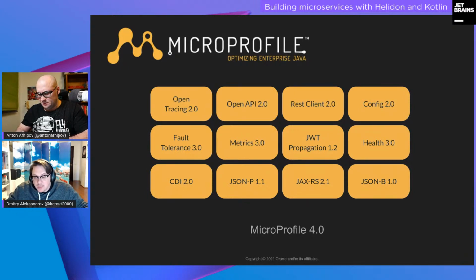It started with CDI, JSON-P, and JAX-RS, which were considered necessary to run your microservices. Now they're all specific to MicroProfile, which is for living in the clouds, serving microservices. So we have tracing, OpenAPI, REST client, everything.